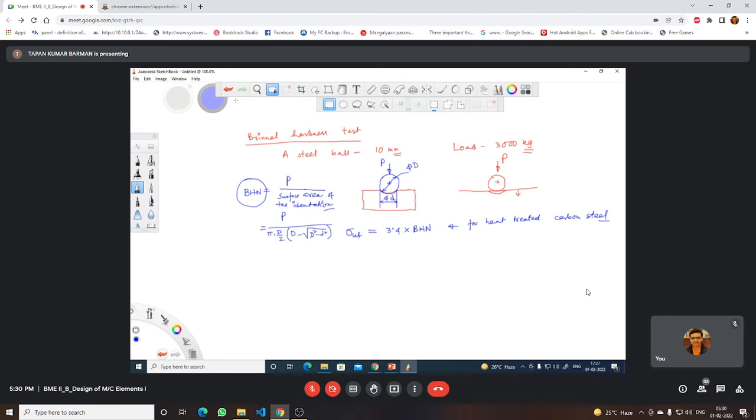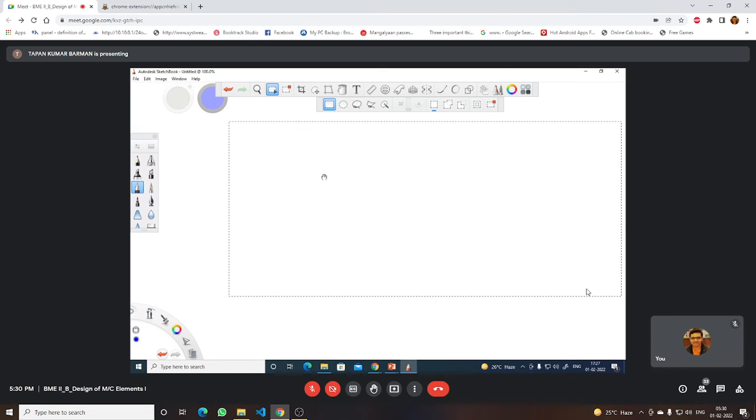Right. In the Vinel hardness test, we have used surface area. There is another indentation hardness test, called the Mayer hardness test.